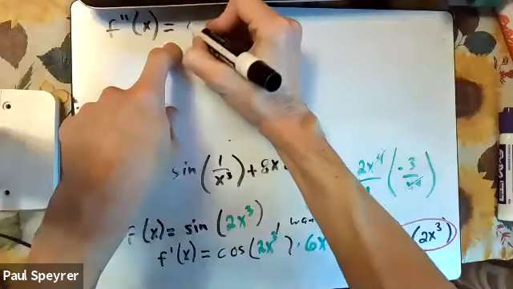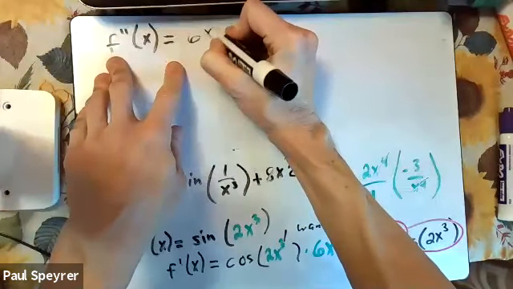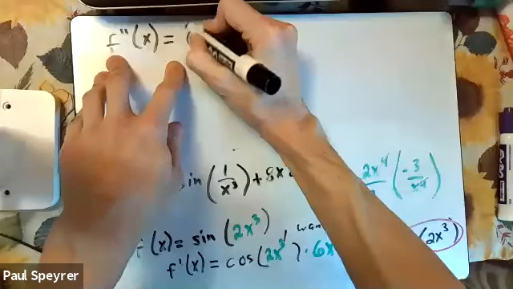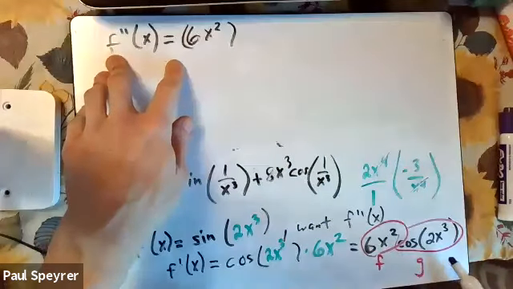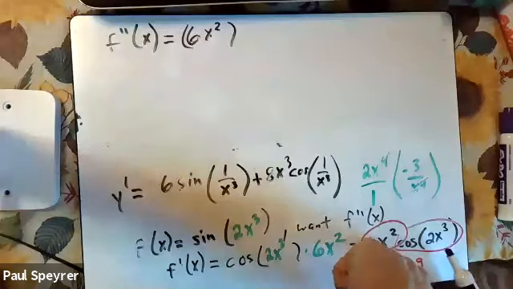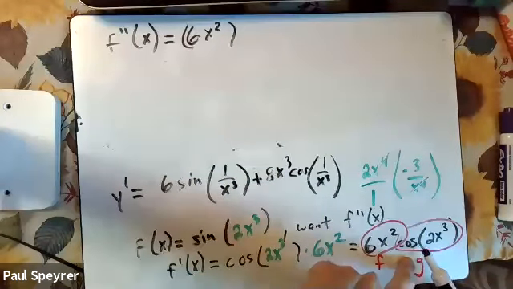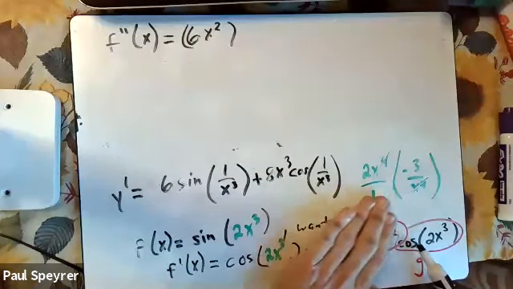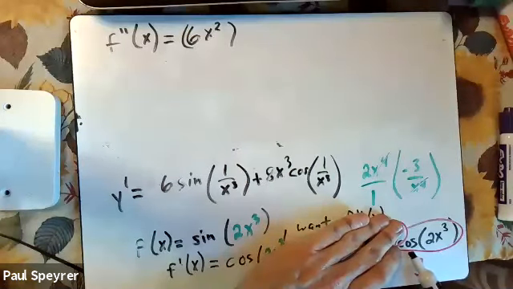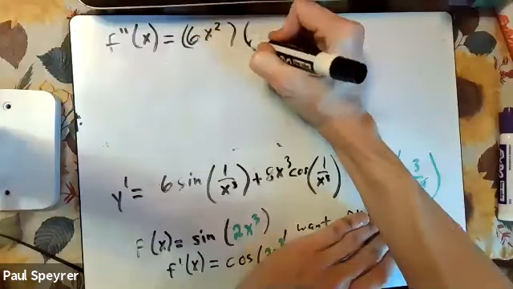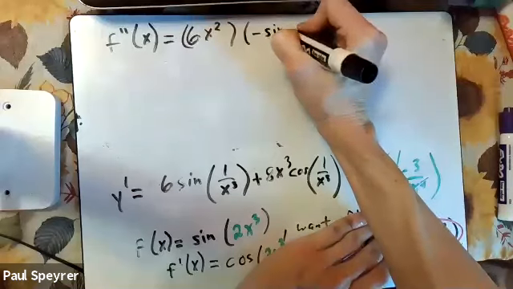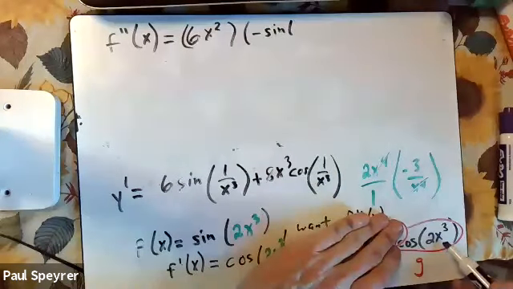So f is just 6x squared. Now we need to take the derivative of g. Remember, that's the chain rule. You have to derive the outside chunk first. The outside chunk is just the cosine, and the derivative of cosine is negative sine. Everything else stays the same, the inside stuff stays the same.